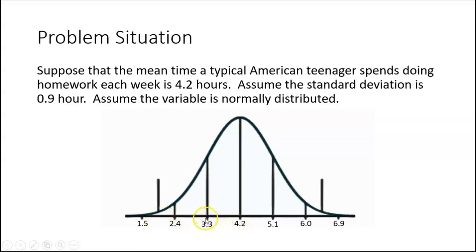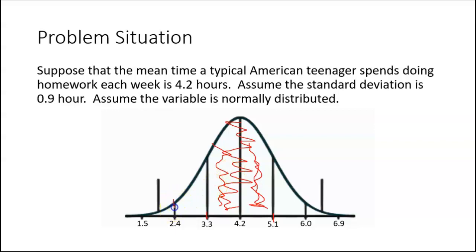So what we're saying is most American teenagers, 68% of them in fact, do spend homework time that's between 3.3 and 5.1 hours, 1 standard deviation either side of the mean. So what we would do is maybe shade that in. I know it's terrible with my PowerPoint pen, but if I shaded all of that in, 3.3 to 5.1 hours, we would say 68% of American teenagers spend that much time doing homework.